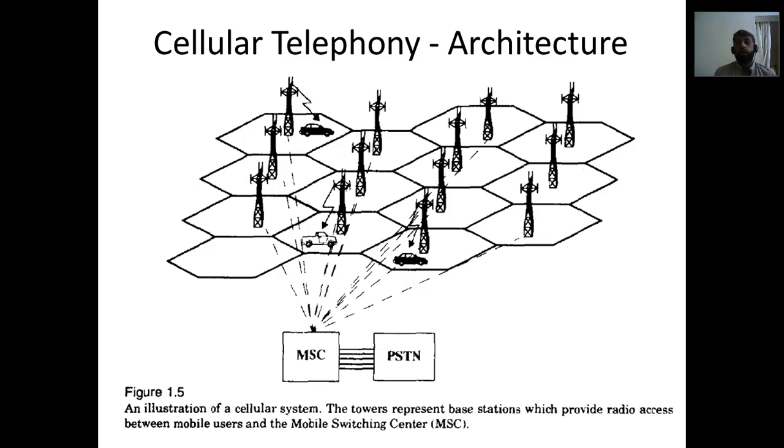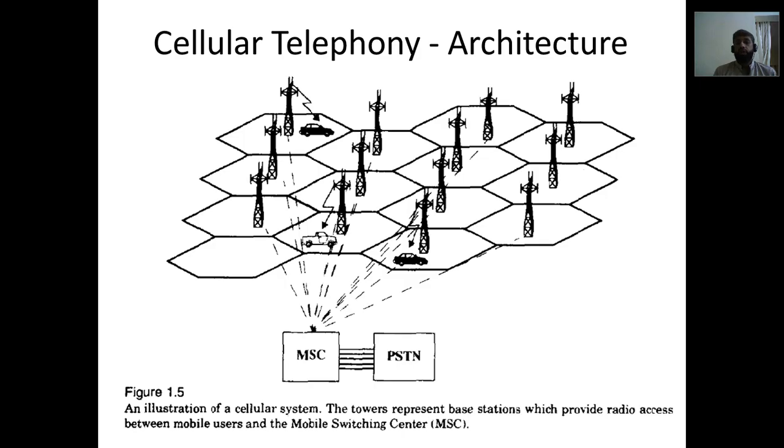And you can see that when we are at two different cells, the coverage can be extended by reusing the frequency. So if one mobile station is transmitting at a frequency of 800 megahertz in one cell, its effect on the other cell, because of the larger distance and low power, will be smaller as compared to the base station present in that particular cell.